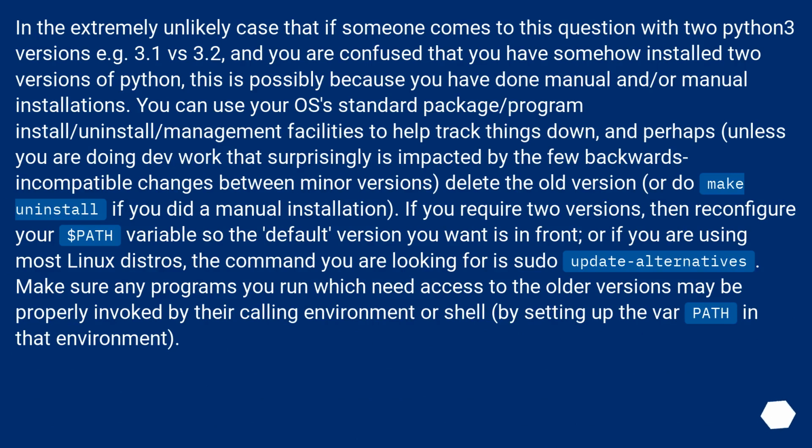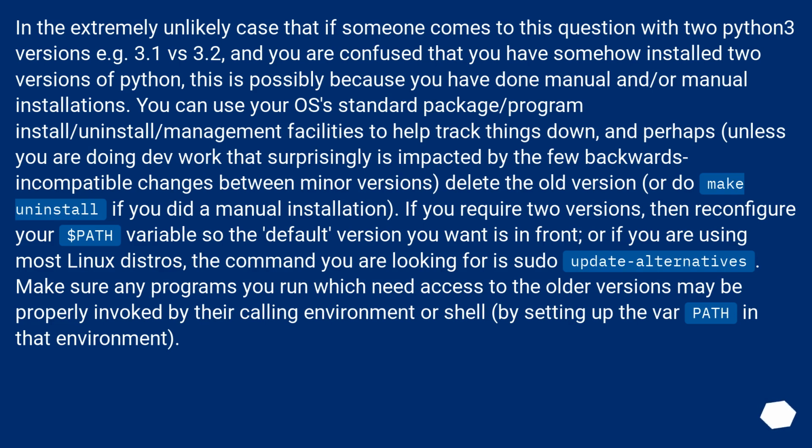Different 3 versions or 2 versions. In the extremely unlikely case that someone comes to this question with 2 Python 3 versions, for example 3.1 versus 3.2, and you are confused that you have somehow installed 2 versions of Python, this is possibly because you have done manual installations. You can use your OS's standard package or program install, uninstall, and management facilities to help track things down, and perhaps, unless you are doing dev work that is surprisingly impacted by the few backwards incompatible changes between minor versions, delete the old version, or do make uninstall if you did a manual installation.